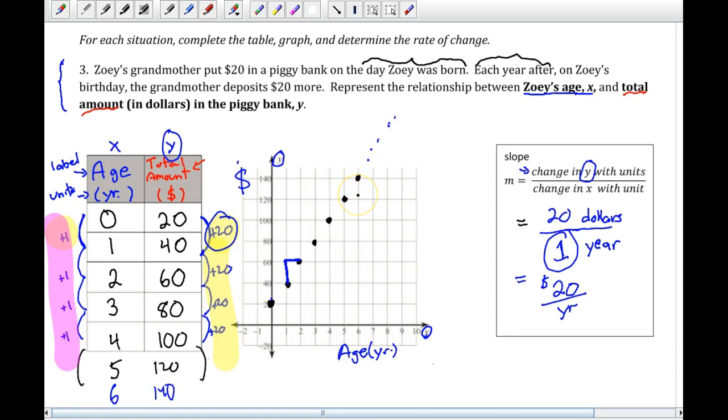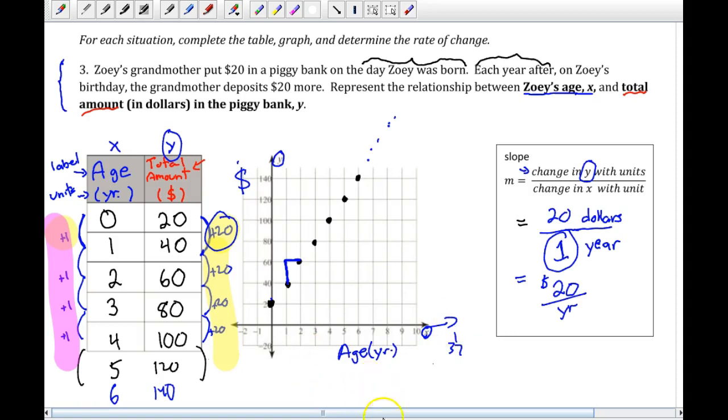So how do we actually predict without writing out every single number up to 37 or making my graph super big? And that's what the equation is going to be used for. It's nice that we can do a little bit of predicting this way, but at some point it becomes too cumbersome and too slow to predict anything. So we have to have another way, and that's what's going to be with the equations that we're going to be learning.